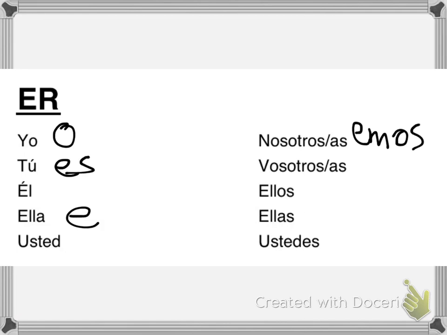For vosotros, use É with an accent, IS. And for ellas, ellos, and ustedes, use the letters EN. Now the pronunciation for these is as follows. O, es, e, emos, eis, and en.